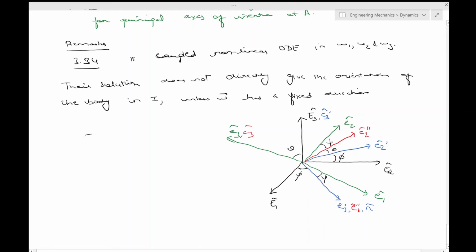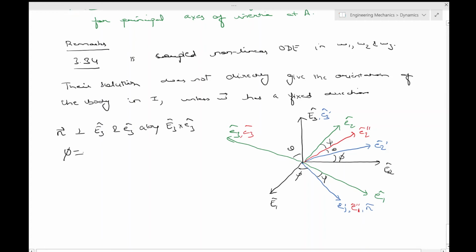Okay, so n is normal to E3 and e3, along E3 cross e3.